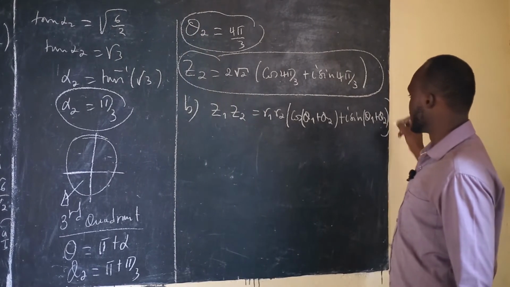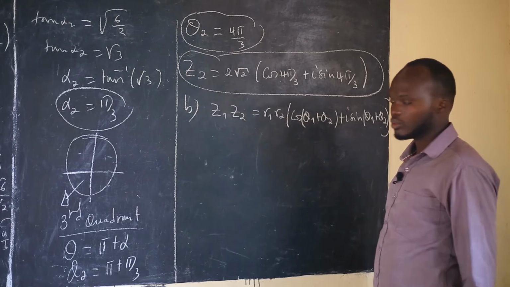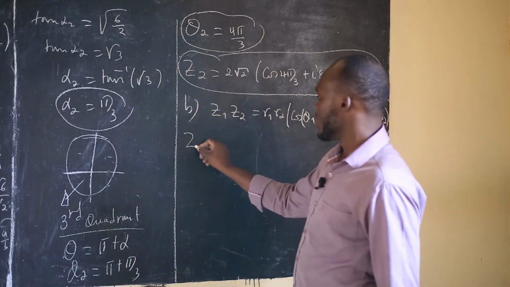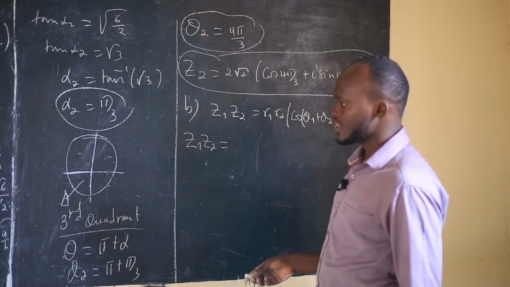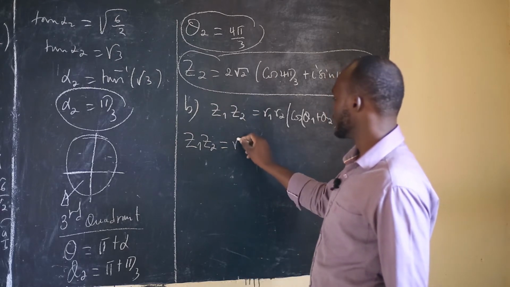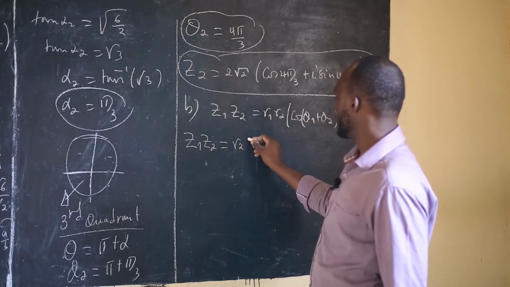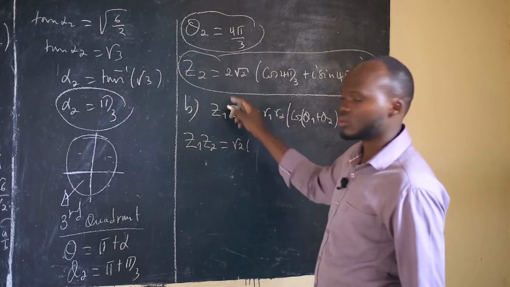That's how we write z1 times z2. So z1 times z2, the answer is r1. What is r1? r1 is root 2 times r2, 2 root 2.